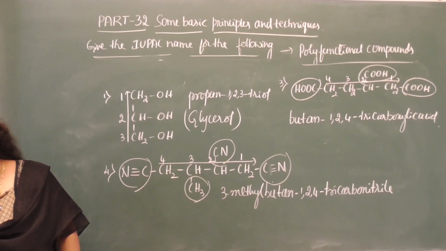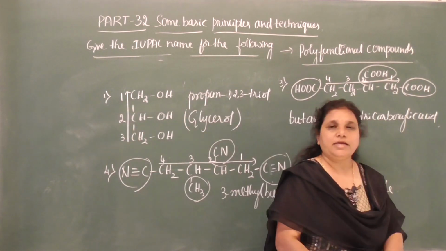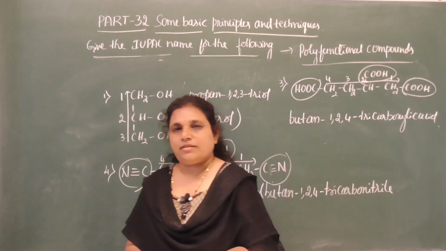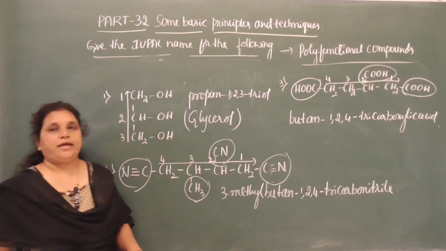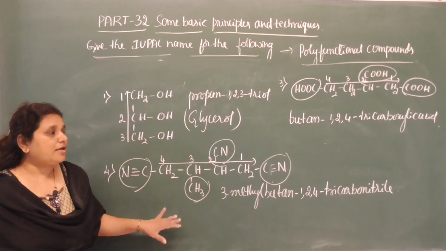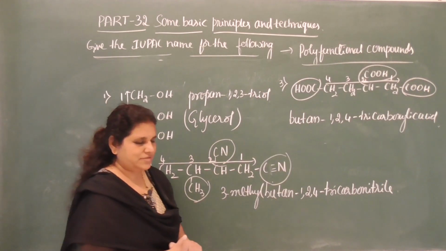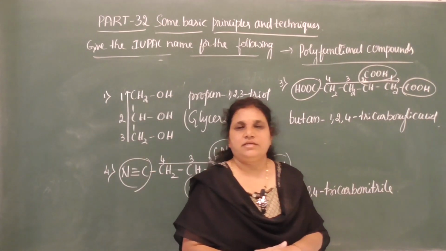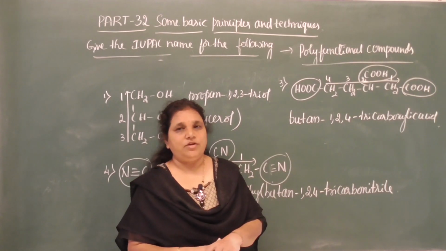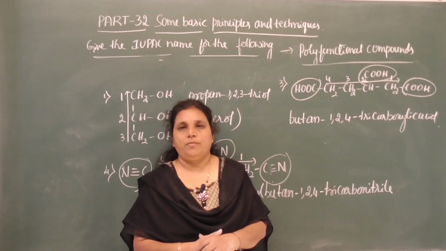So that is about the compounds which contain identical or like carbon containing functional groups. What type of functional groups? Terminal functional groups. These are some examples where I have given the IUPAC name and where we need to follow the 1993 recommendation of IUPAC nomenclature.